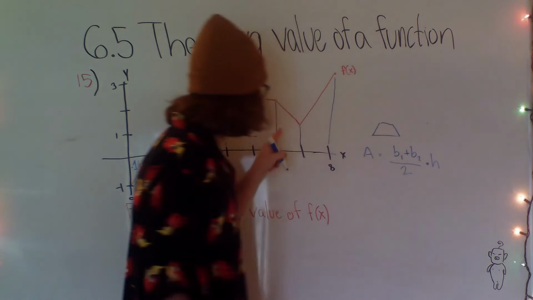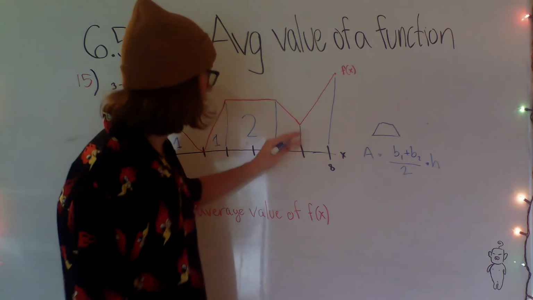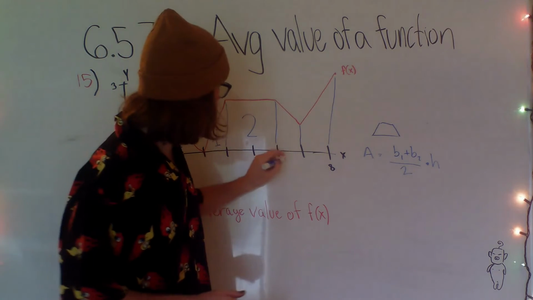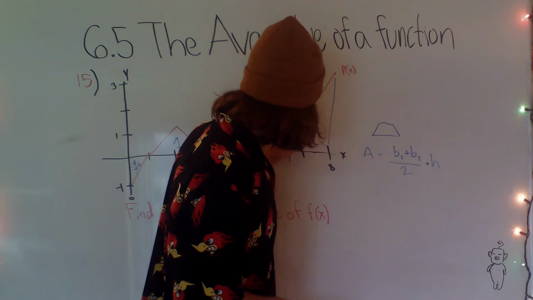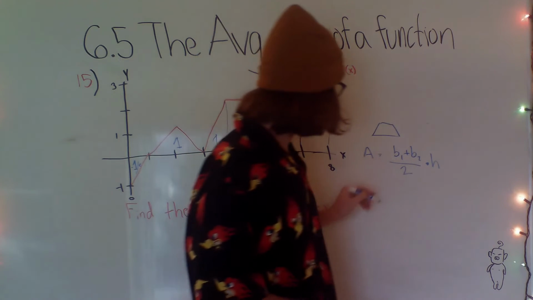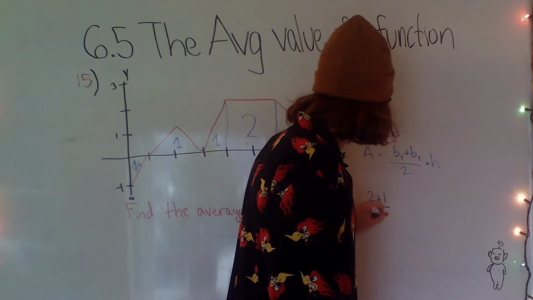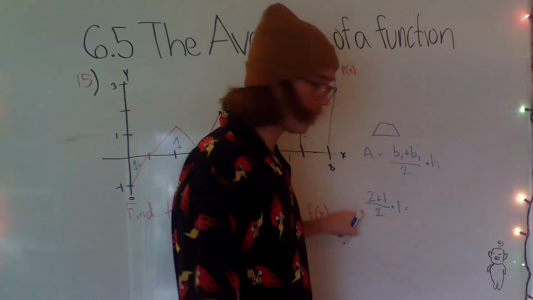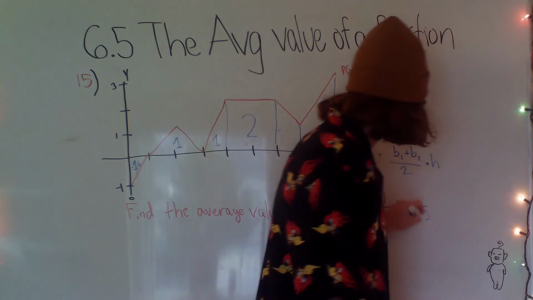So then if we look at this one, because we're now looking at it from the other side, our height is going to be 1. And then our base here is going to be 1. Our base here is going to be 2. So then we get (2 plus 1) divided by 2 times 1. Well, that's equal to 3 divided by 2 times 1 is 3/2, so that's 1.5.